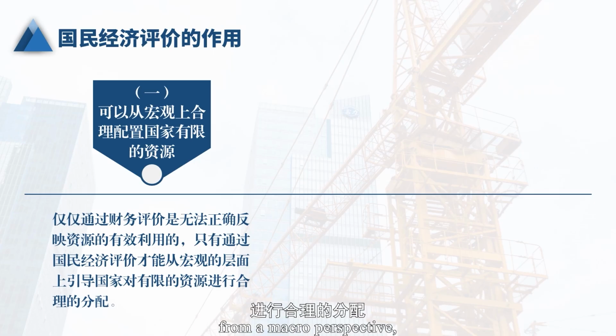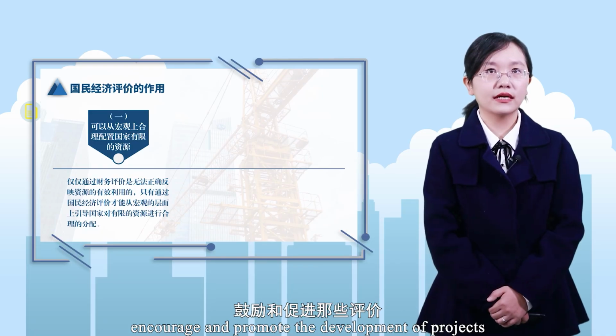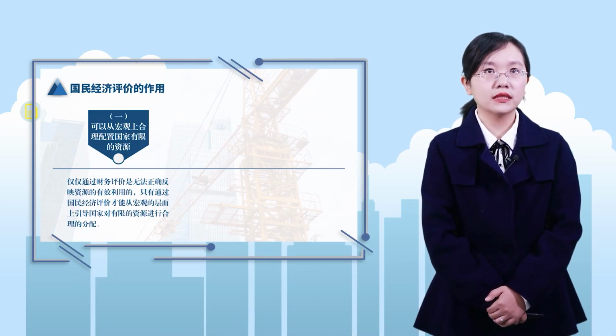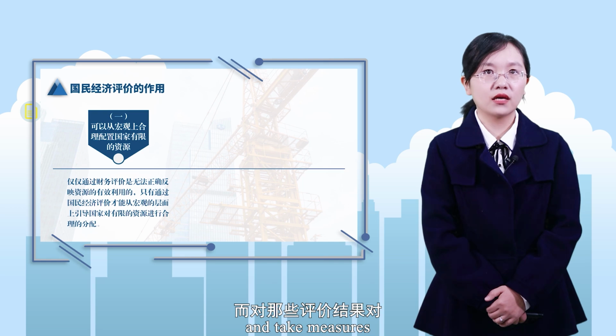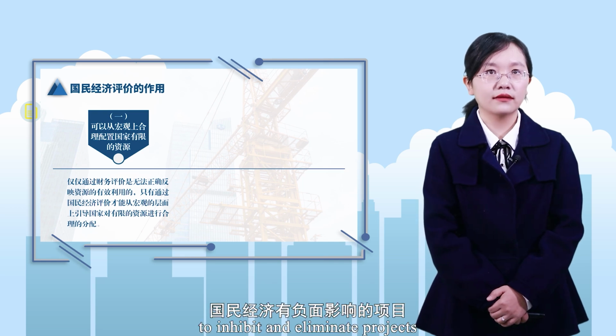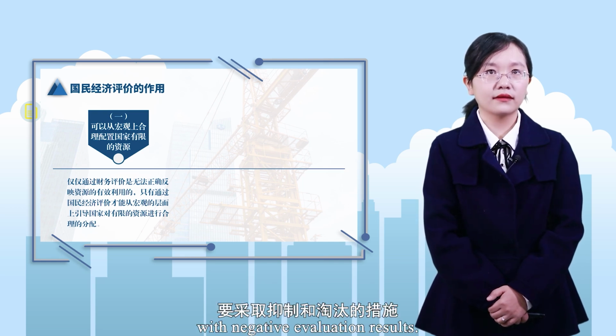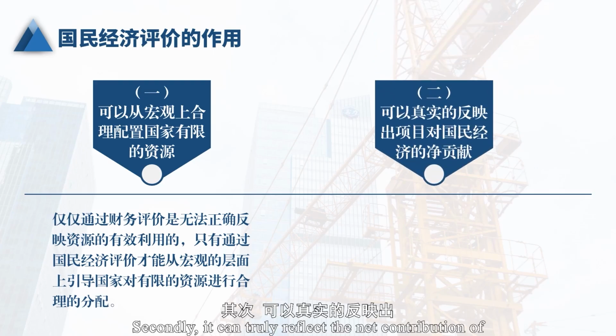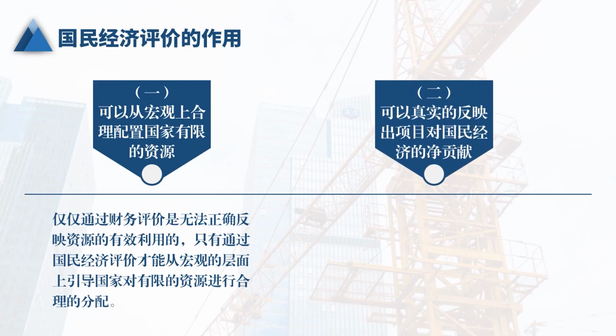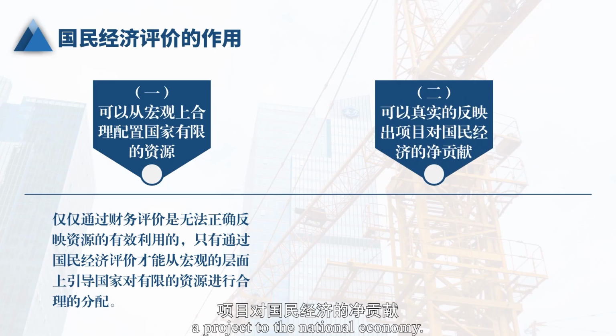From a macro perspective, encourage and promote the development of projects evaluated as having a positive impact on the national economy, and take measures to inhibit and eliminate projects with negative evaluation results. Secondly, it can truly reflect the net contribution of a project to the national economy.